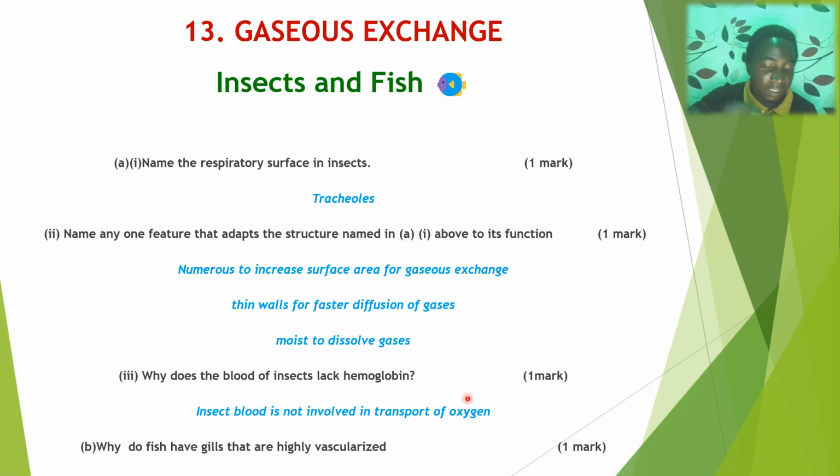Fish have gills that are highly vascularized to increase and maintain a steep concentration gradient for efficient gaseous exchange. So fish have highly vascular structures so that they can maintain a steep diffusion gradient for oxygen uptake.